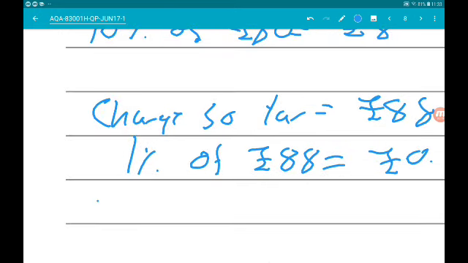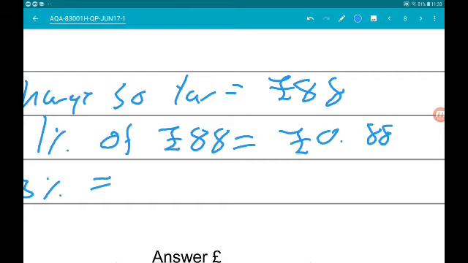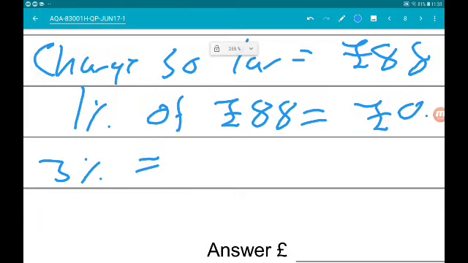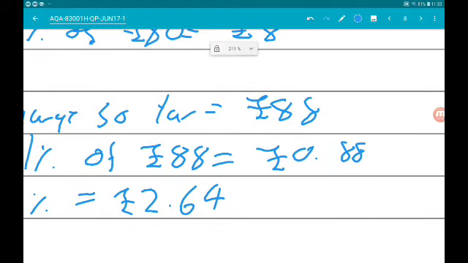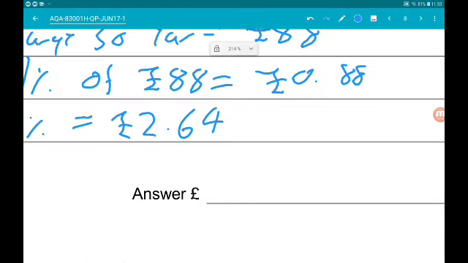So 3% is 3 times that. So 3 times 0.8 is 2.4. 3 times 0.08 is 0.24. So 2.4 and 0.24 is £2.64. So the total cost is the 88 and £2.64, it's £90.64.